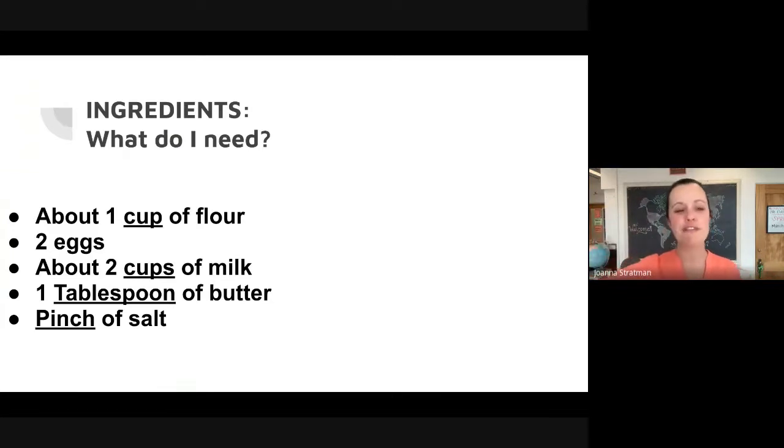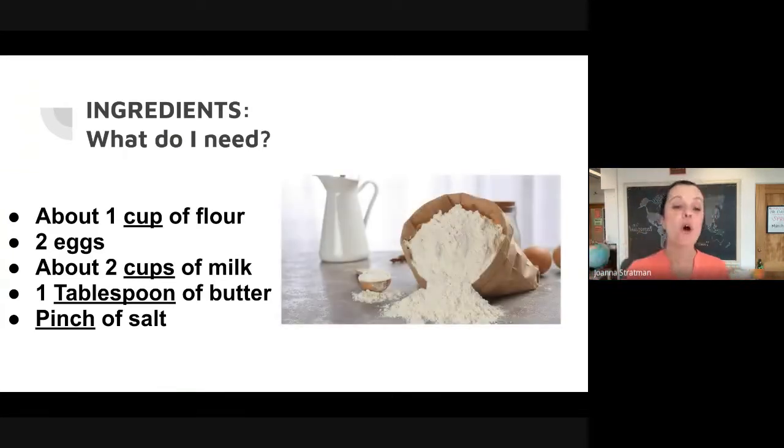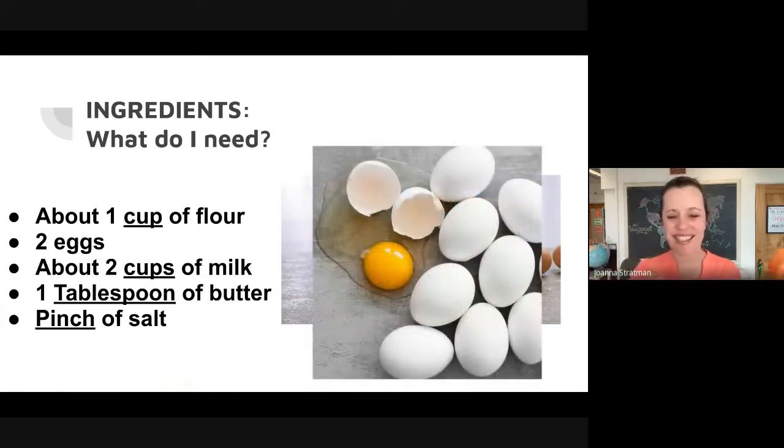So let's review. I need about 1 cup of flour. This is flour. And again, here is 1 cup. In a recipe, about means approximately, maybe not exactly 1 cup, but about 1 cup. Then I need 2 eggs. These are eggs.